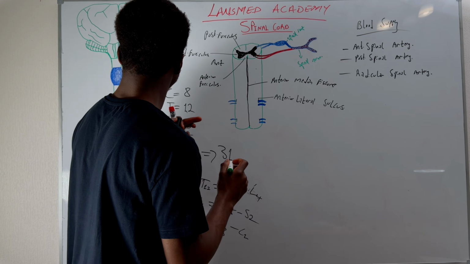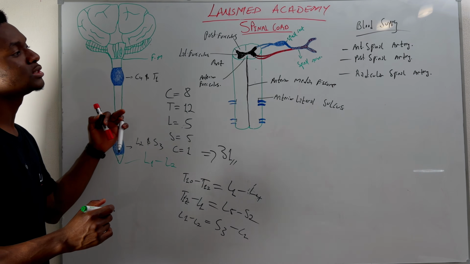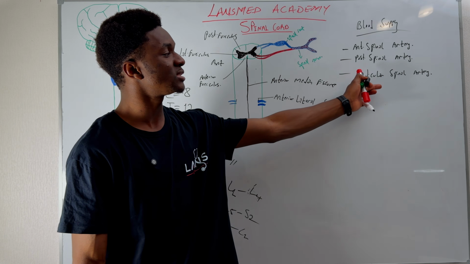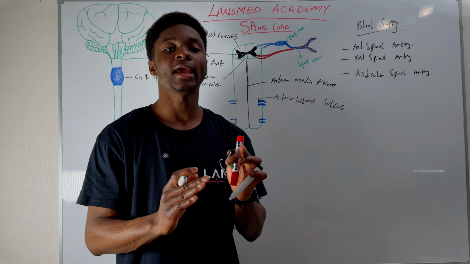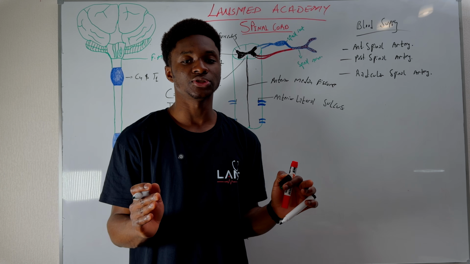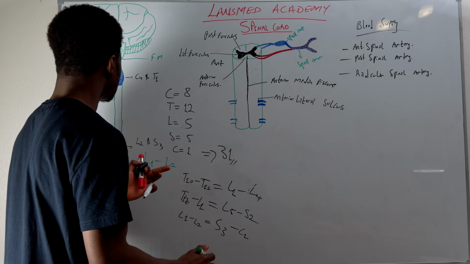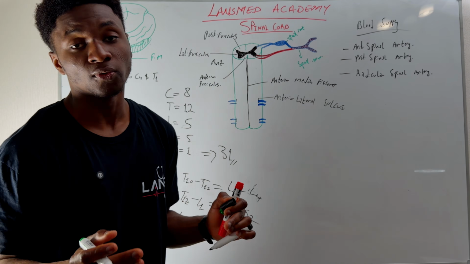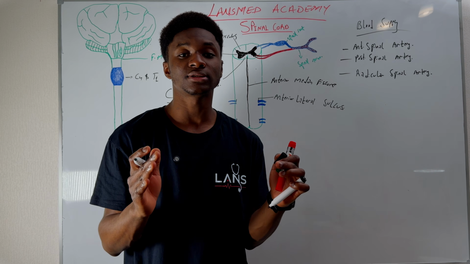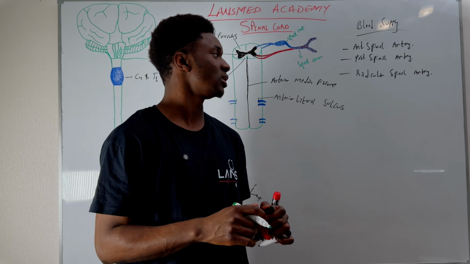For the lumbar segment of the spinal cord, the radicular spinal arteries there would be provided by the lumbar artery and the iliolumbar artery. And finally, the sacral segment will be provided for by the lateral sacral artery.